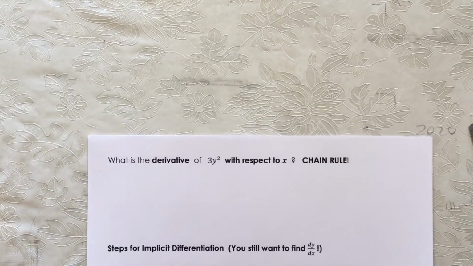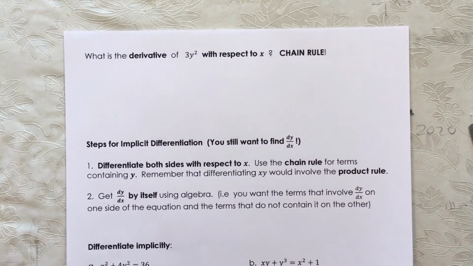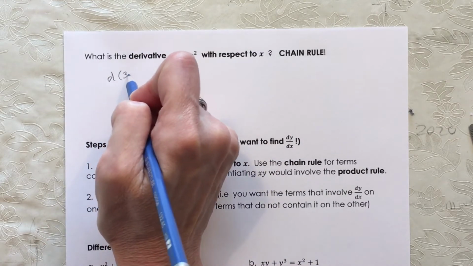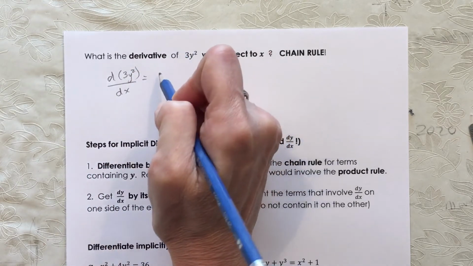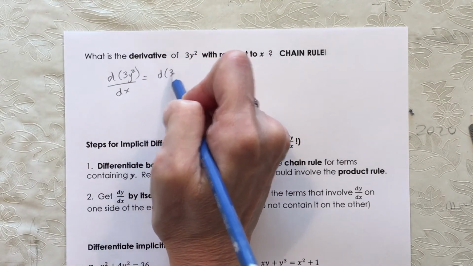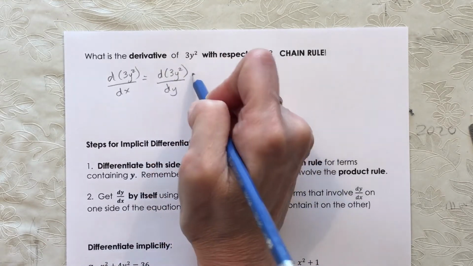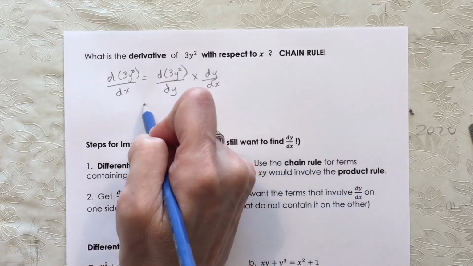First, we're just doing another simple question here. What is the derivative of 3y squared with respect to x? And it reminds us to use the chain rule. So the derivative of 3y squared with respect to x is the derivative of 3y squared with respect to y times the derivative of y with respect to x.